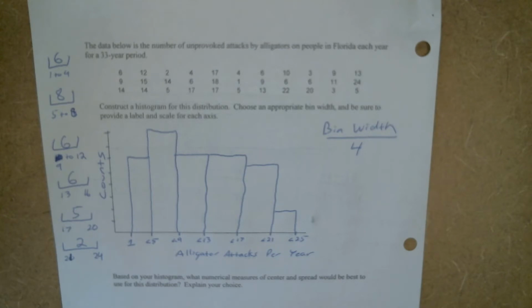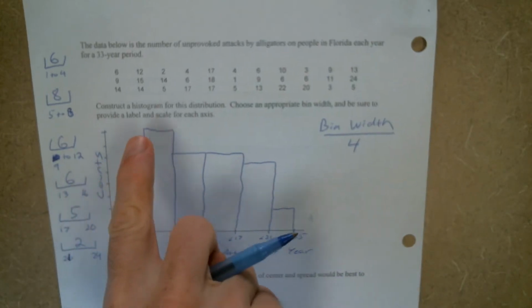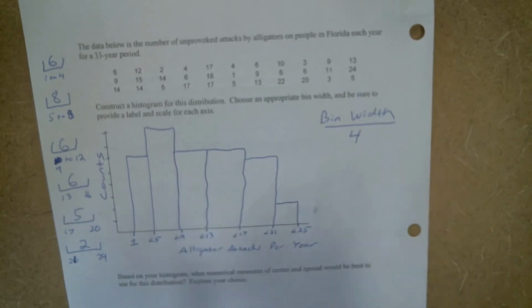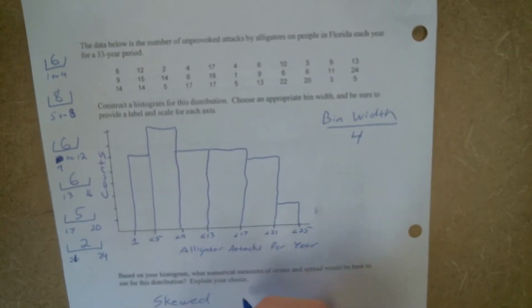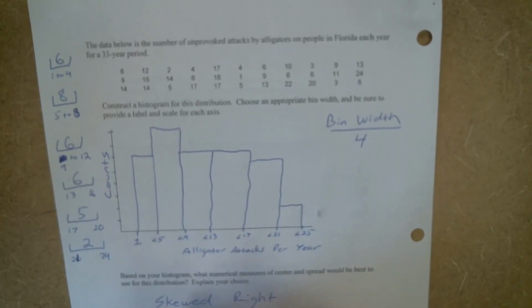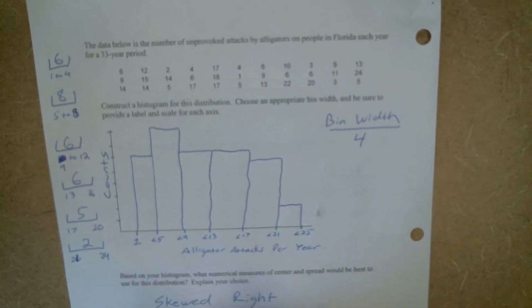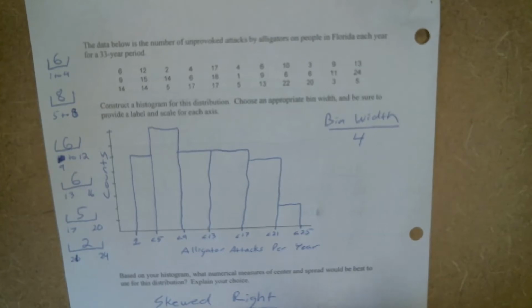All right, based on your histogram, what numerical measures of center and spread would be best used for this distribution? It seems that this distribution is sort of skewed to the right. So when something is skewed to the right, you're better off using as your measure of center the median, and as your measure of spread, you're better off using the range and the IQR.